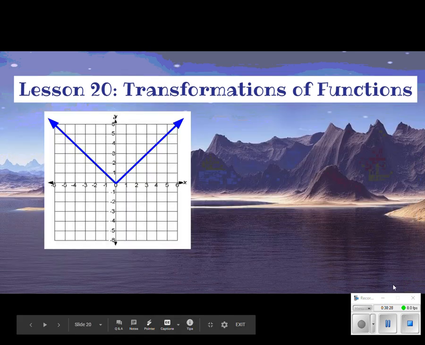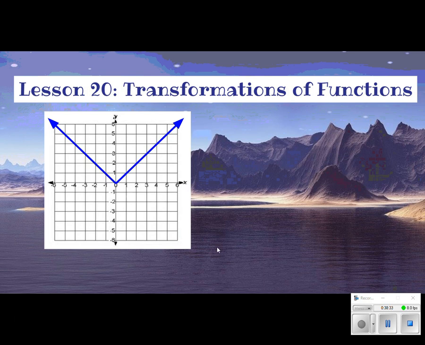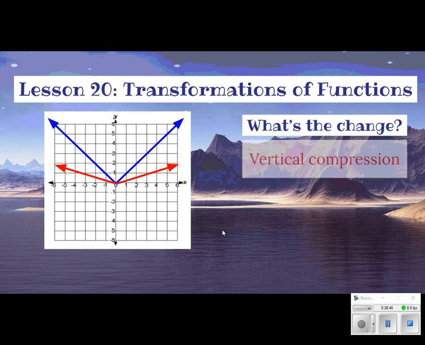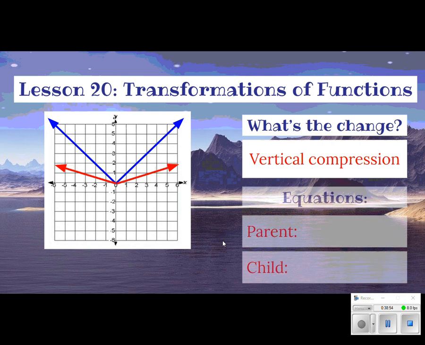So let's look at an example of this. So here is an absolute value function, and what has changed? So from the blue to the red, notice that the red has gotten wider. Because that is wider than my blue function, this is a vertical compression. It looks like somebody stepped on the blue function to make the red function.